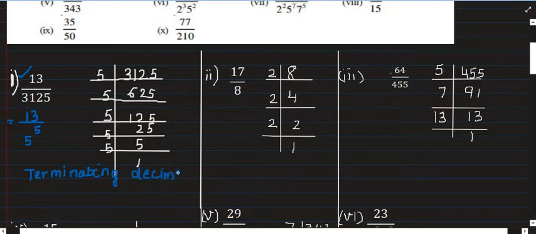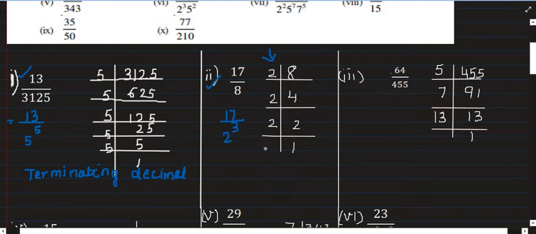Now in the second part, it's 17 by 8. 17 is a prime number, so we cannot factorize it. So there is no common factor in 17 and 8. Now we have prime factorized 8, so we can write this as 17 by 2 raised to the power 3.